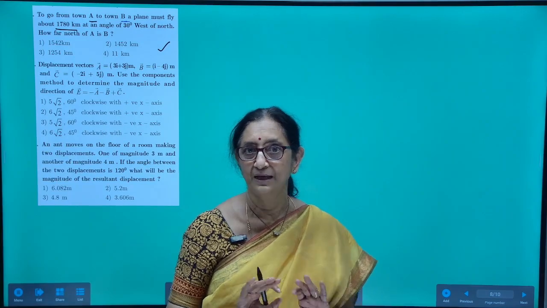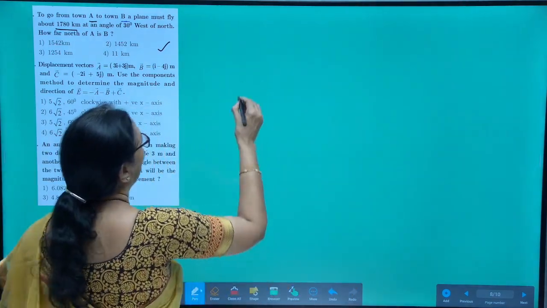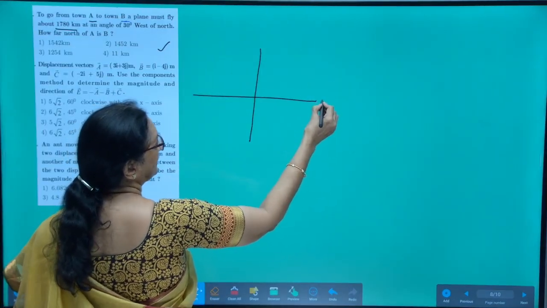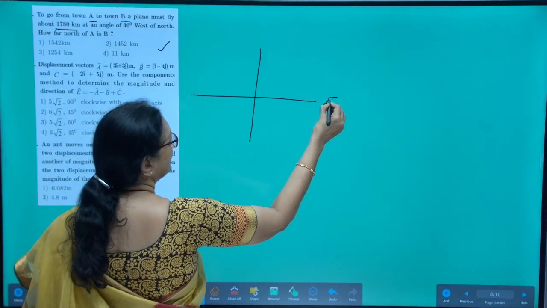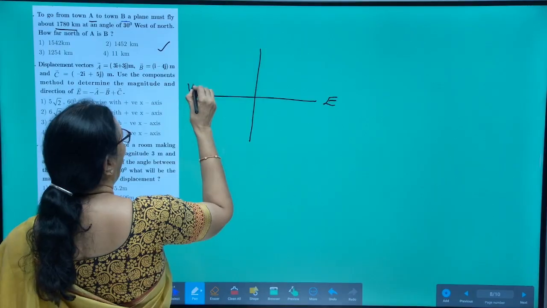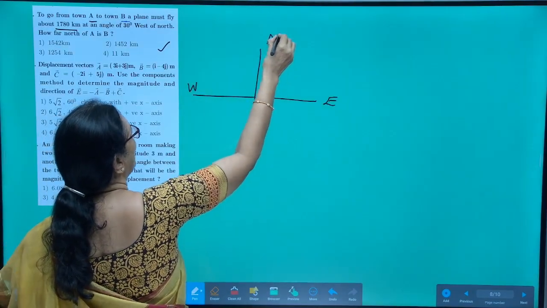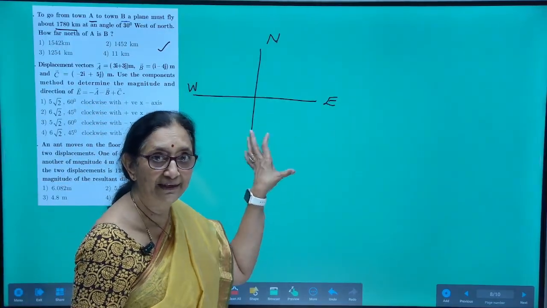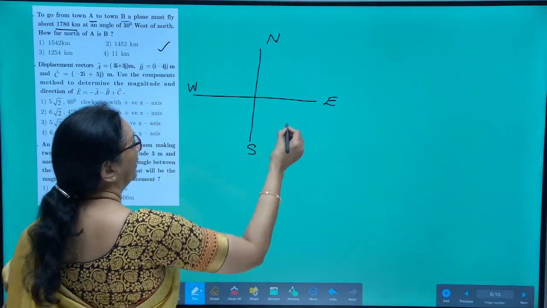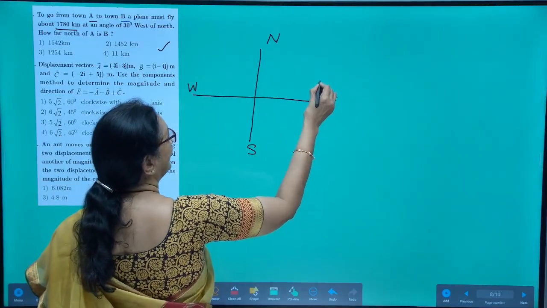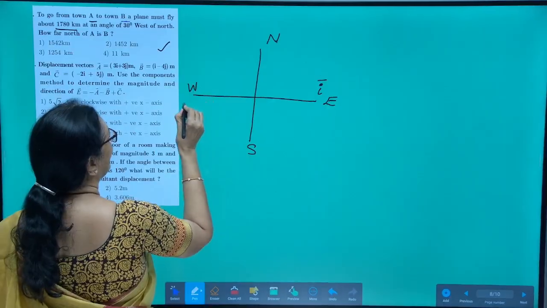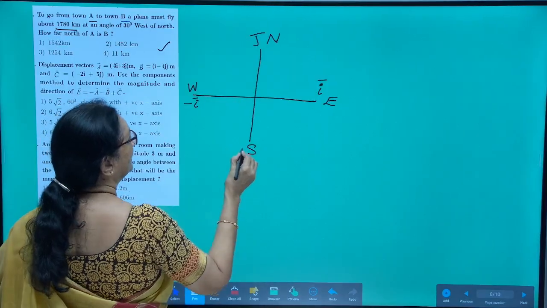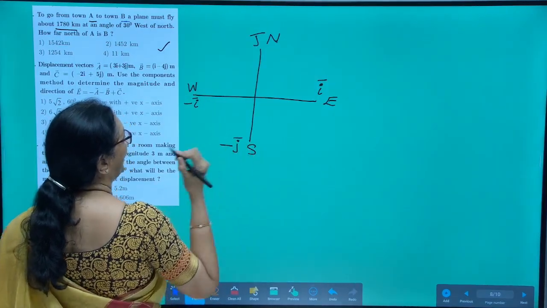So, follow this very carefully. Usually we take this as the positive x-axis, this is east and this is west, this is north and this is south. Along east conventionally we take i bar, west becomes minus i bar. North is taken as j bar, south becomes minus j bar.